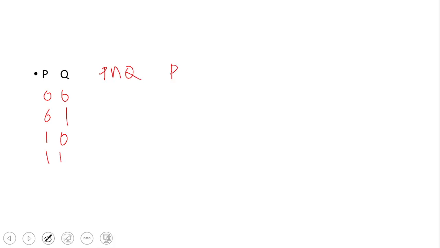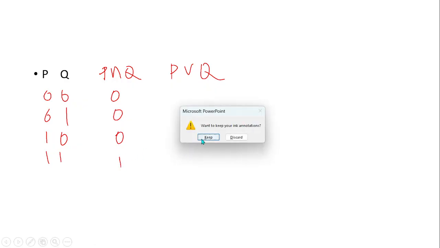Okay, then p or q. So what is p and q? 0 0 0 1. Okay, so implies p or q.